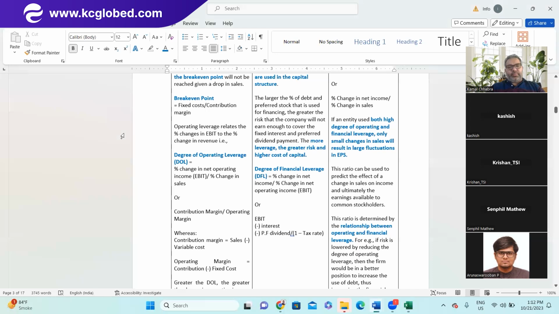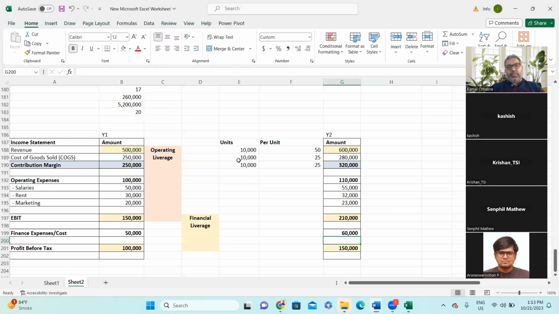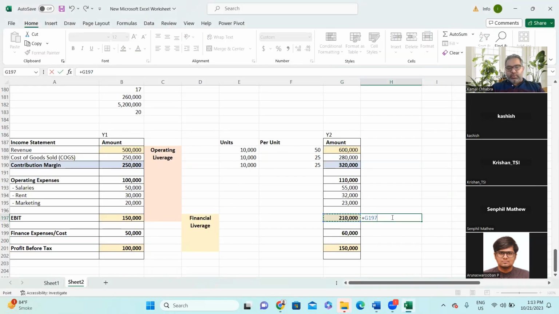What it says, operating leverage relates to percentage change in EBITDA to percentage change in revenue. That means degree of operating leverage is change in EBITDA. How much EBITDA has changed? This minus 150,000.